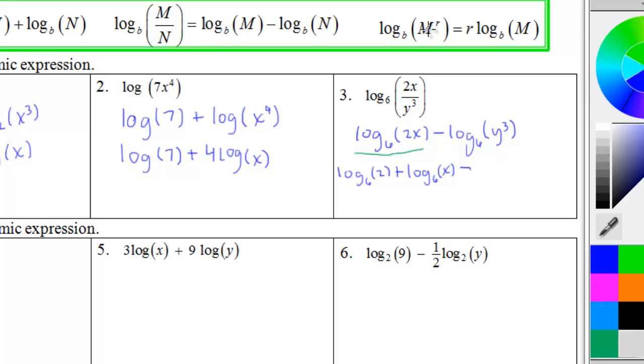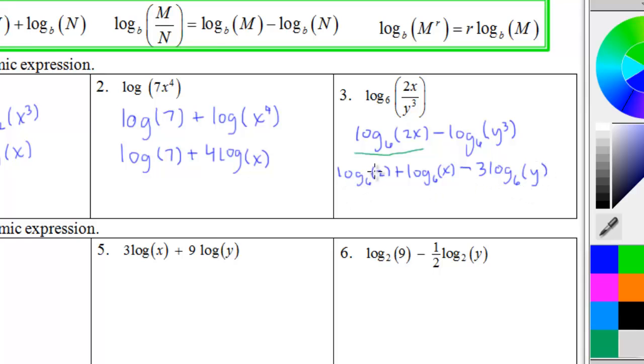Here's the base of an exponential expression, there's the exponent, and that exponent can come down in front. So this 3 can become 3 times the log base 6 of y.